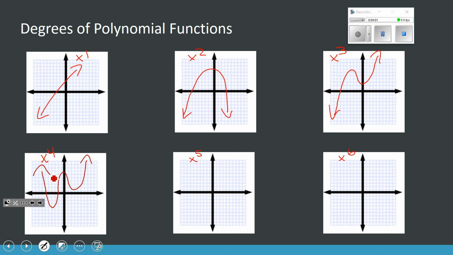If it's to the fifth power, it's going to go 1, 2, 3, 4, 5. And if it's to the sixth power, it's going to go 1, 2, 3, 4, 5, 6. Any questions? For every degree you add on, the graph will take a turn.